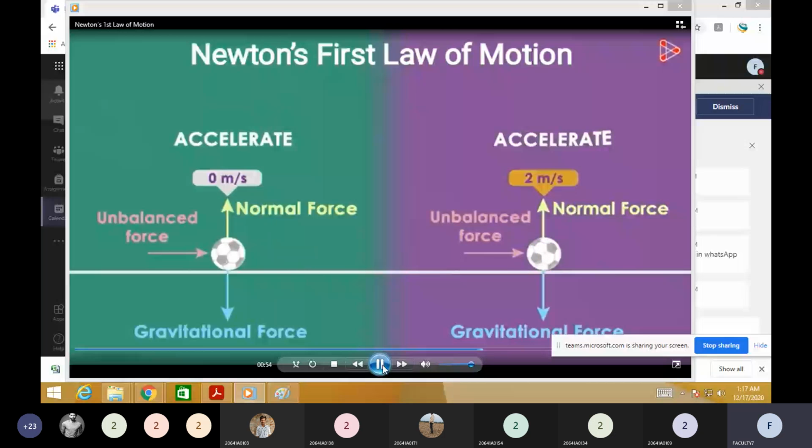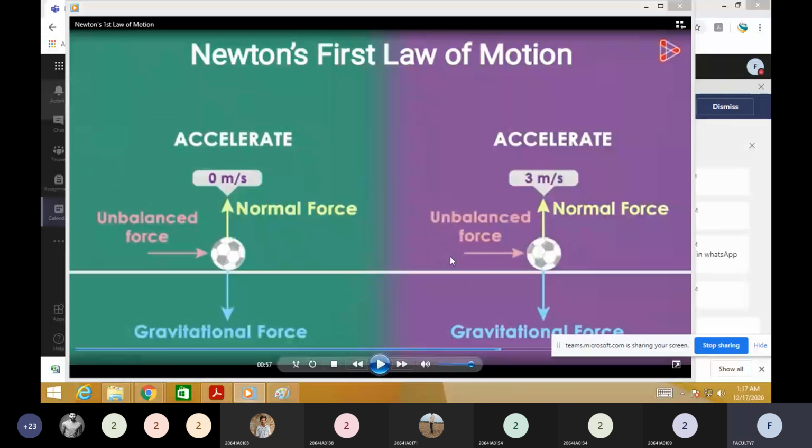Now we consider the second football. It is moving with some constant velocity. If you want to change from 2 meters per second to 3 meters per second, the speed should be increased. If you want to increase the speed of the moving football, you need to apply a force in the same direction in which it is moving.